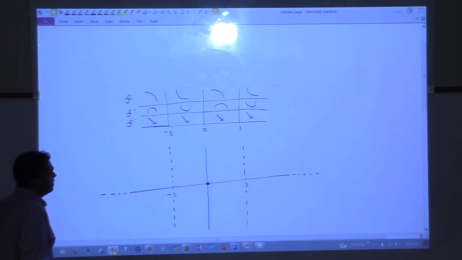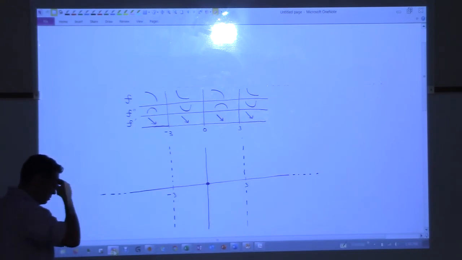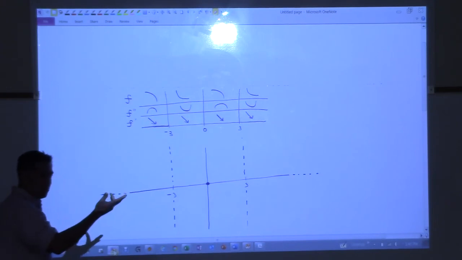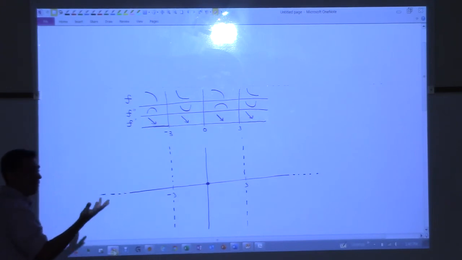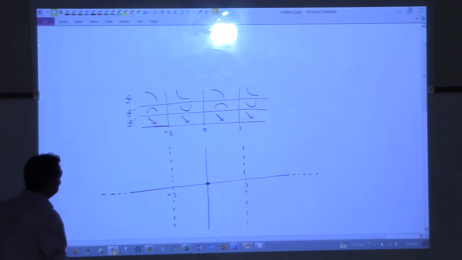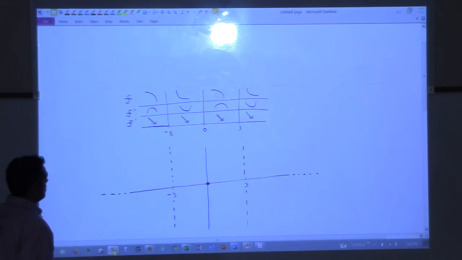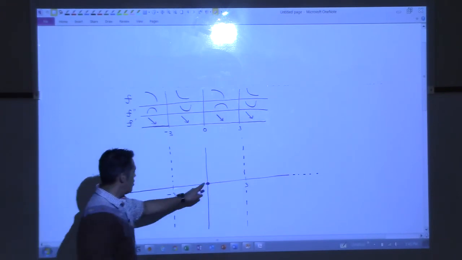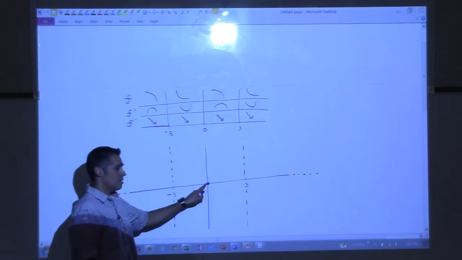So, okay. What else do we have? Horizontal, vertical, increase, decrease, concave up, concave down. That's all, right? So, if I had to draw this right now, here's the best I could do. I know this point exists on my graph.